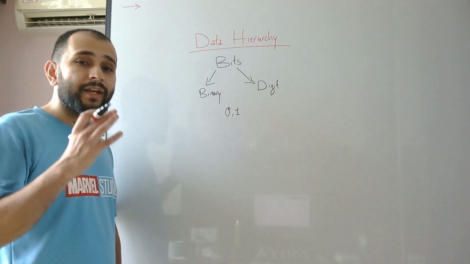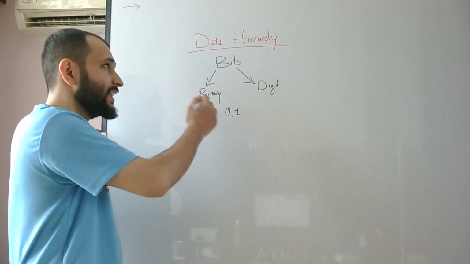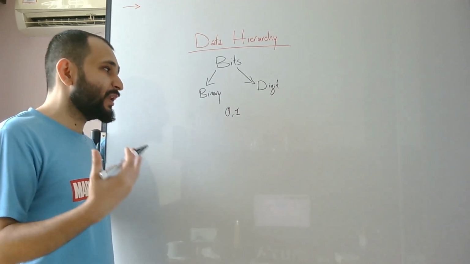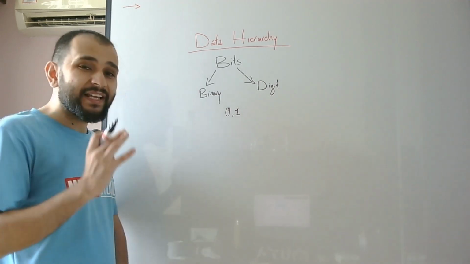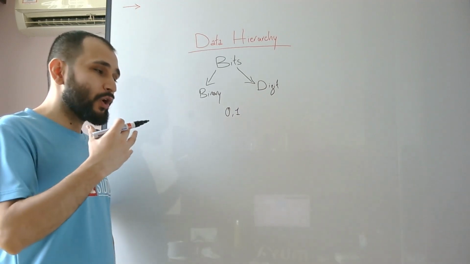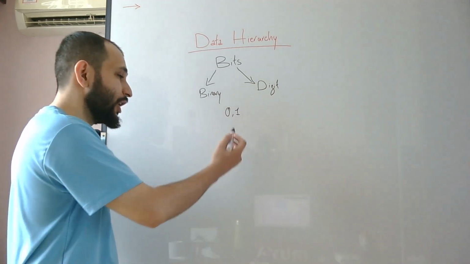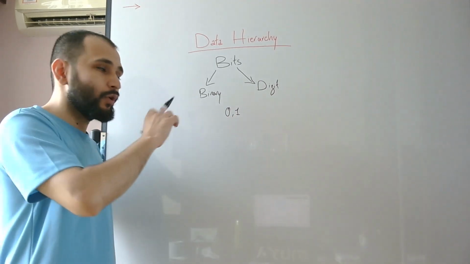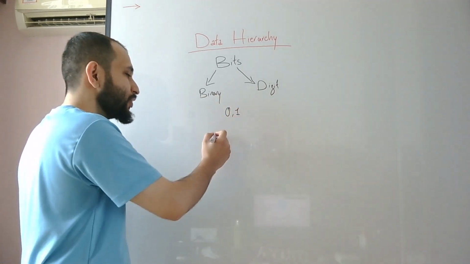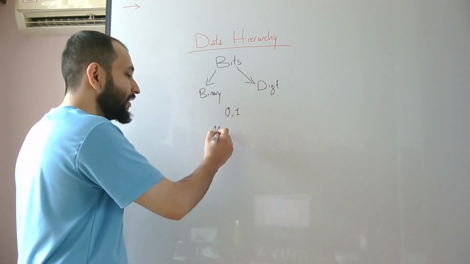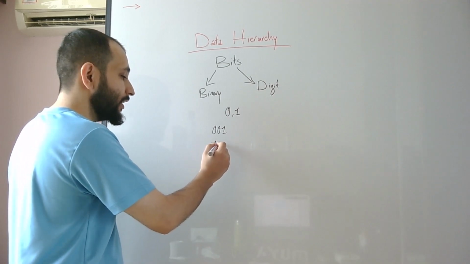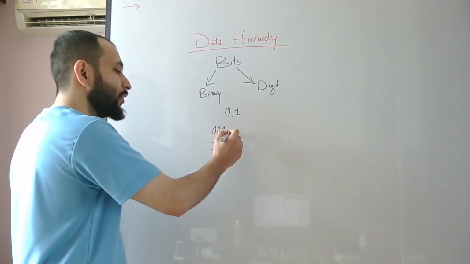0 and 1 is the simplest form of data that a computer can store, and it can manipulate as well. All of the calculations that happen inside of a computer are based on changing values of 0 to 1 and 1 to 0. Maybe we did some type of operation to a binary number 001, and that binary number became 101. This is how computers operate.